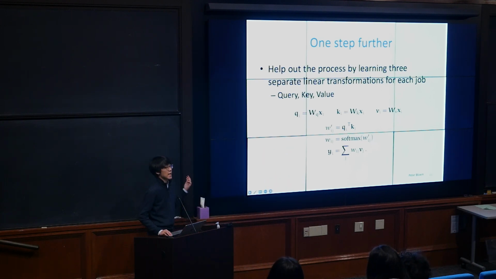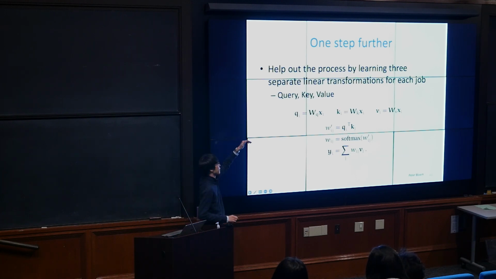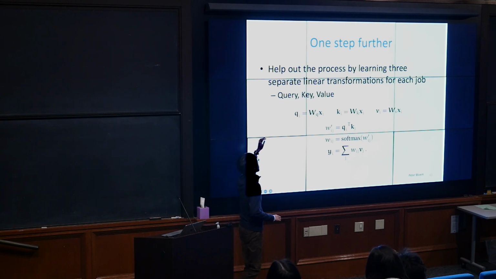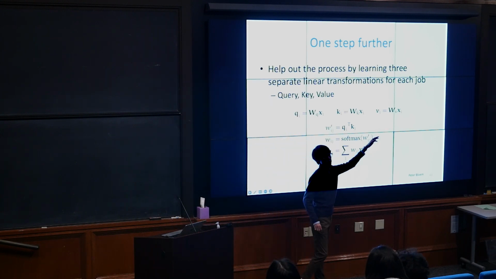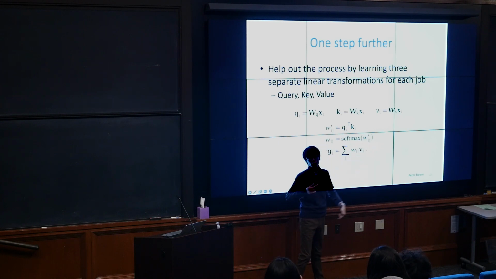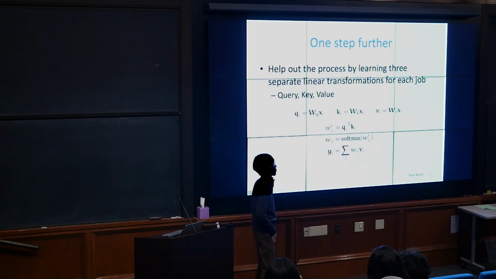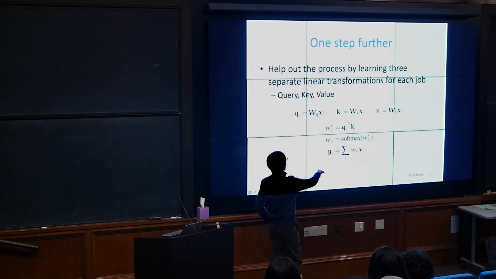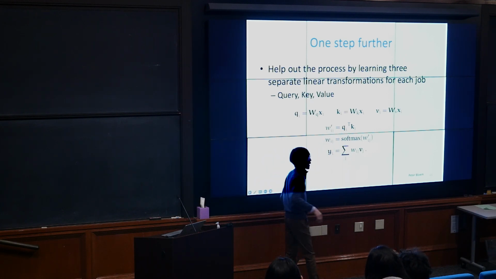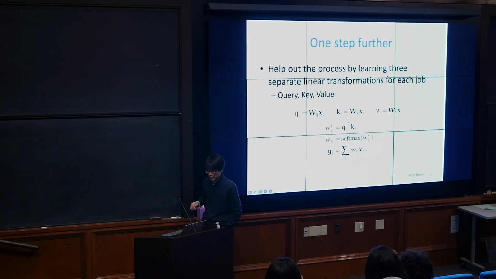So instead of using the same x for the key, value, and query, we can now generate a query vector, a key vector, and a value vector. That's each a linear transformation of x, and this gets learned as part of the gradient back propagation process. So now we can rewrite those expressions we had before, but using these 3 different variables instead of using x every single time.